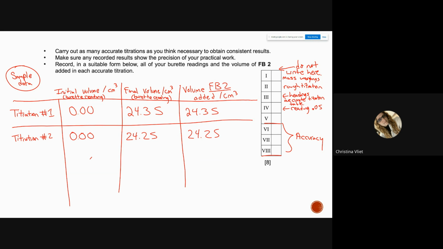And Mark 5. Your two closest accurate titrations must be within 0.1 centimeter cubed of each other. So would I get the mark for this sample data? Yes.